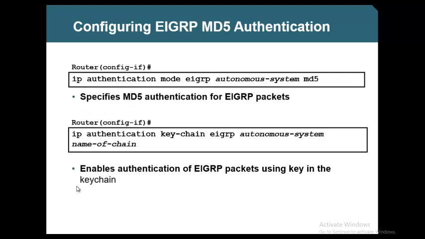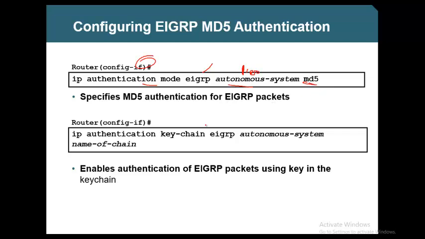If you see the command here, we go under the interface and say, I want to enable authentication on this interface, which runs EIGRP, let's say 100. And that authentication type is MD5.